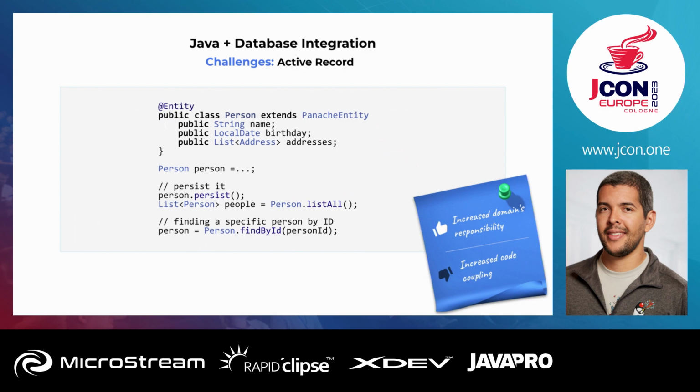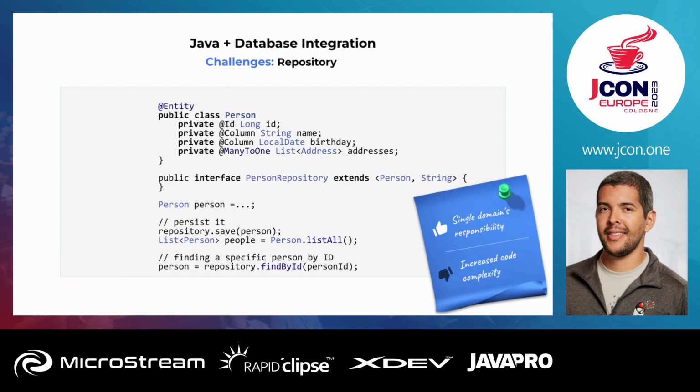The idea is to simplify and put my operations in a single place, in a single layer. However, I start to break the single responsibility principle because right now my person is able to do database operations.